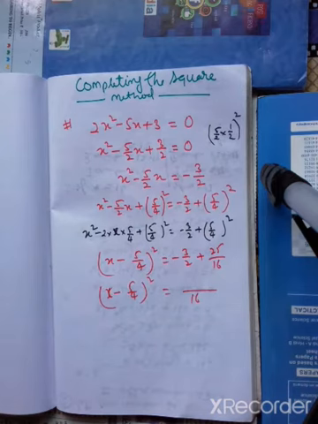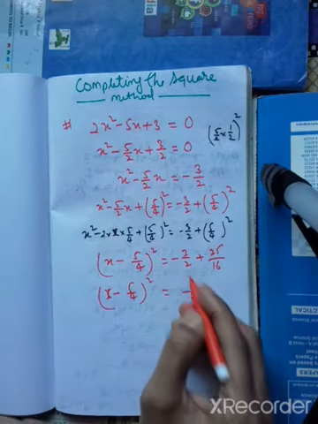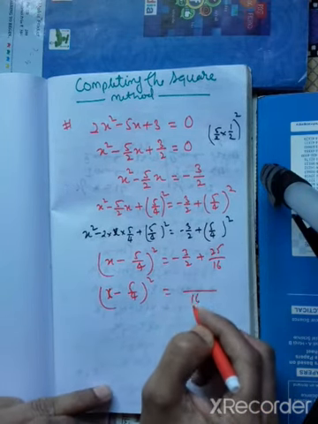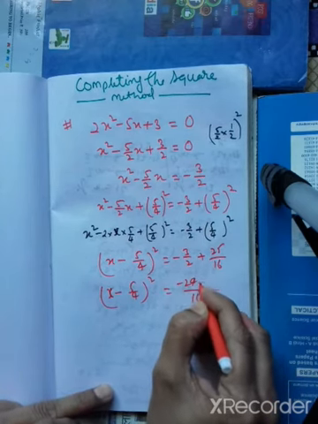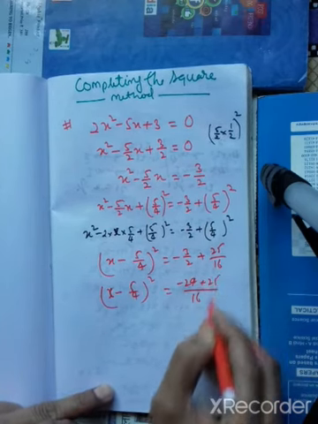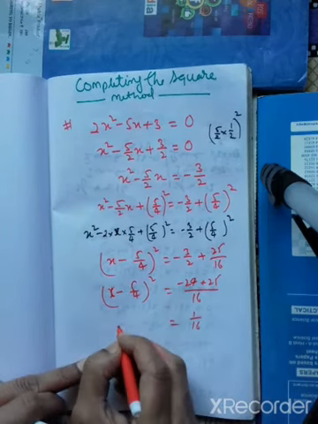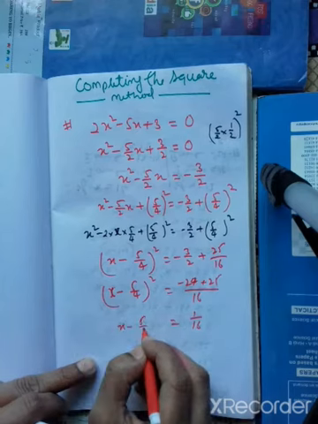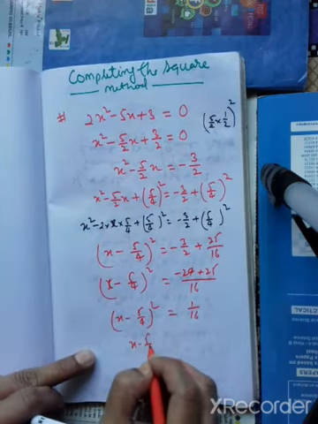The LCM is 16. 2 eights are 16, 8 threes are 24, so minus 24 plus 16 ones are 16, 1 into 25 is 25. So here I got 1 by 16, and x minus 5 by 4 whole square equals 1 by 16.